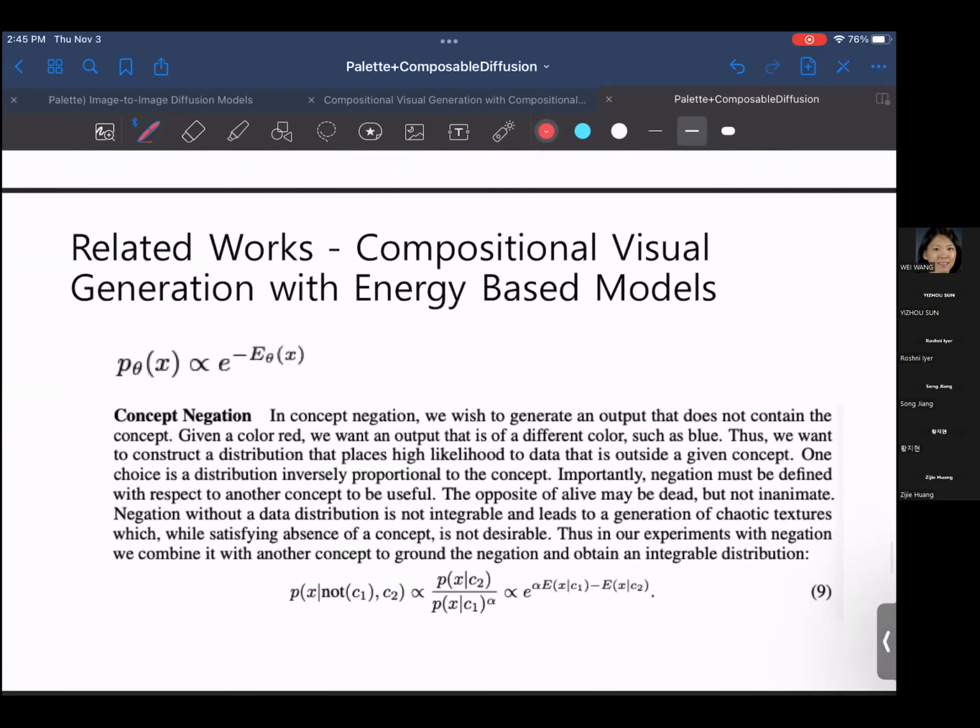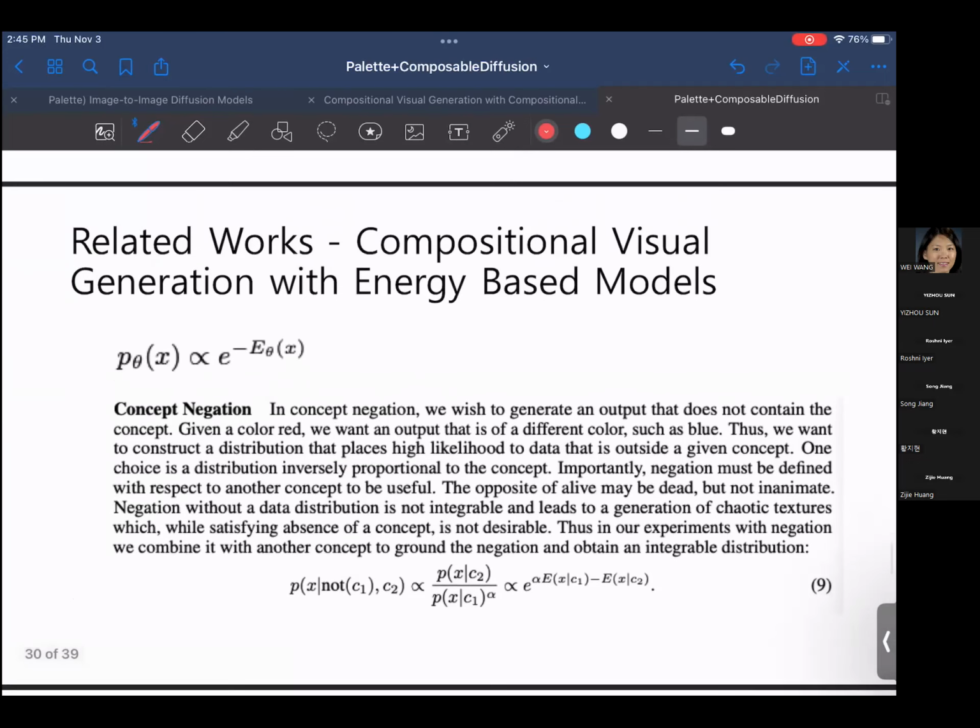And also for the concept of negation, which is very similar to the last one, is going to be presented as this. And for this one, I would say it is fairly easy to understand. The point of this is this alpha, which they use as a regularizer term.